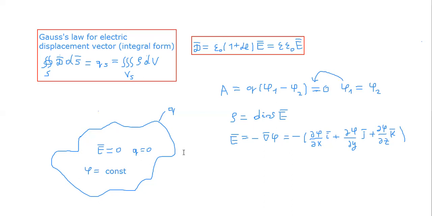So it means that all charge of the conductor will be on its surface, and there is no charge inside the conductor.